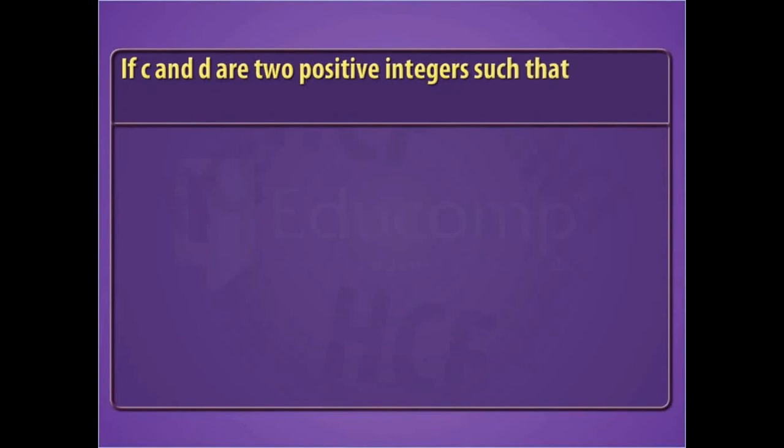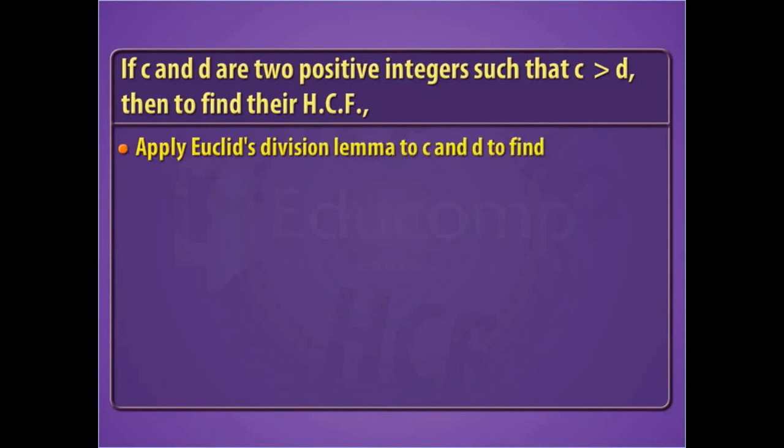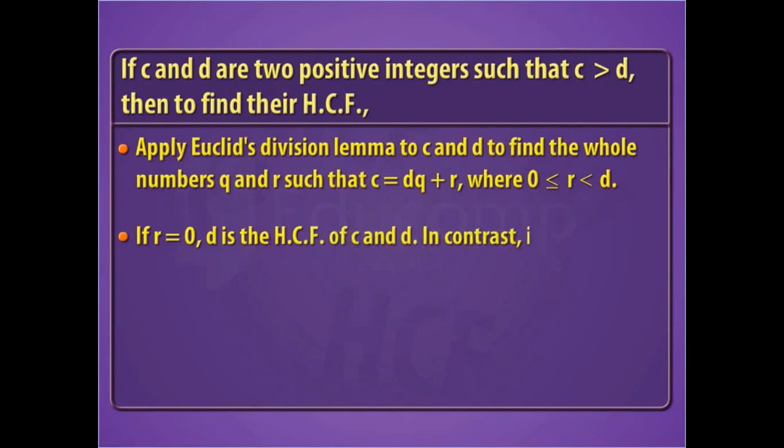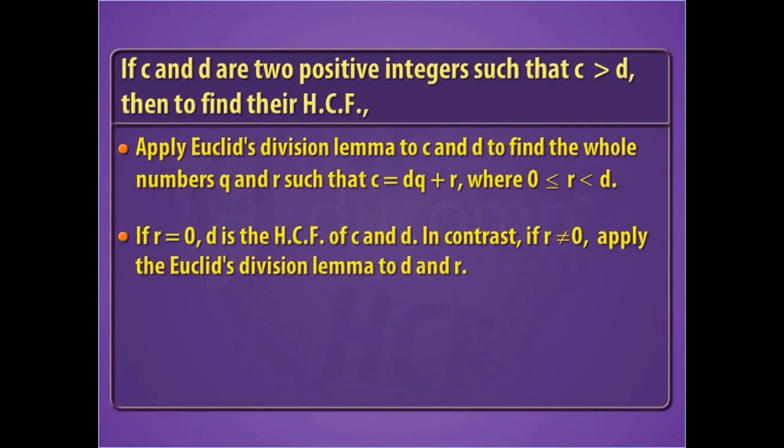Thus, if C and D are two positive integers such that C is greater than D, then to find their highest common factor, apply Euclid's division lemma to C and D to find the whole numbers Q and R such that C = DQ + R, where R is greater than or equal to 0 and less than D. Now, if R is equal to 0, D is the highest common factor of C and D. In contrast, if R is not equal to 0, again apply Euclid's division lemma to D and R. Continue the procedure till the remainder is 0.